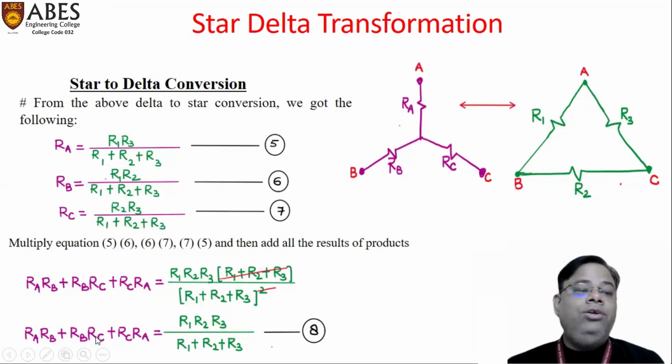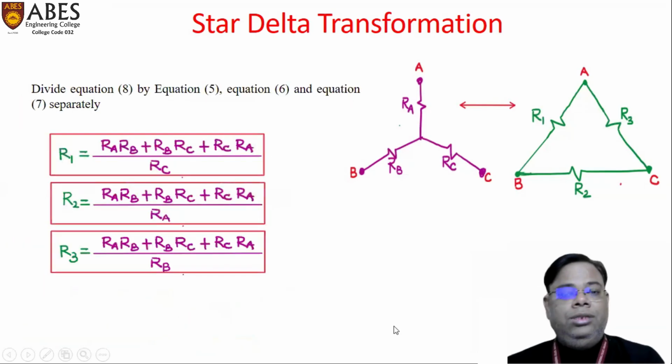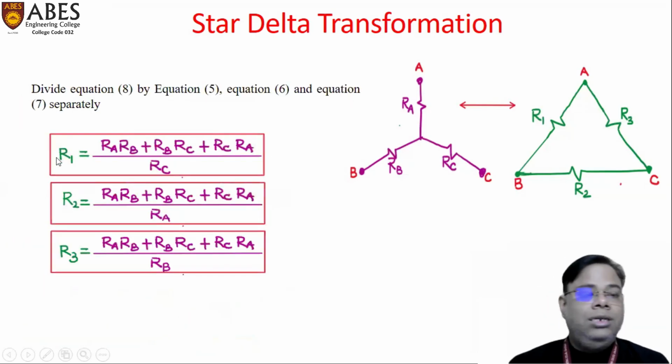For finding the values of R1, R2, R3 in terms of RA, RB, RC, we have to divide equation number 8 by equation number 5, after that equation number 8 by equation number 6, and after that equation number 8 by equation number 7. Then we will get these results.